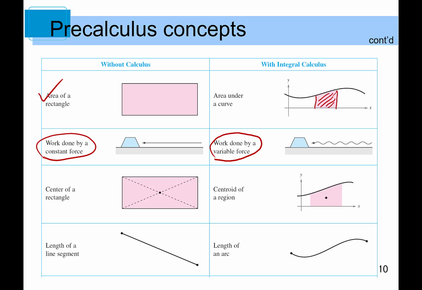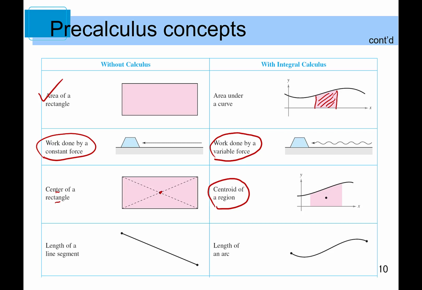And without calculus, you can find the center of the rectangle. With integral calculus, you'll be able to find the center of a region, which is a lot more complex.